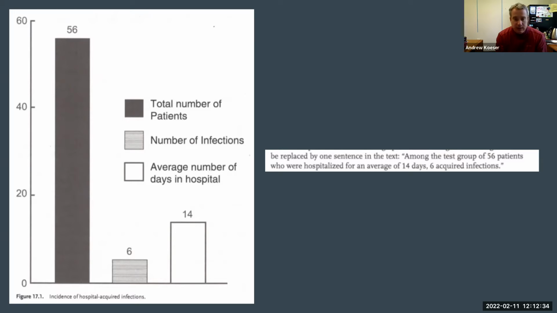So that doesn't need to be its own table. And it's also weird to have those things in the same bar chart because they're disparate bits of information in a way.